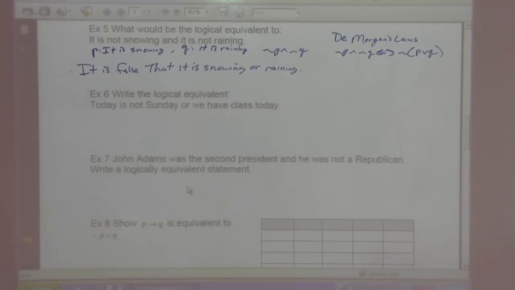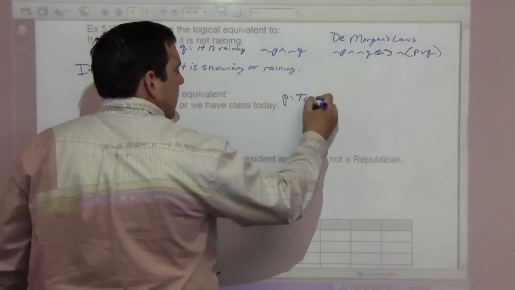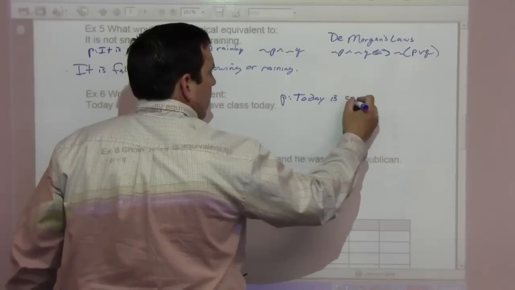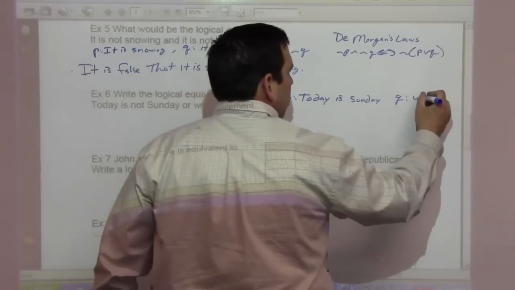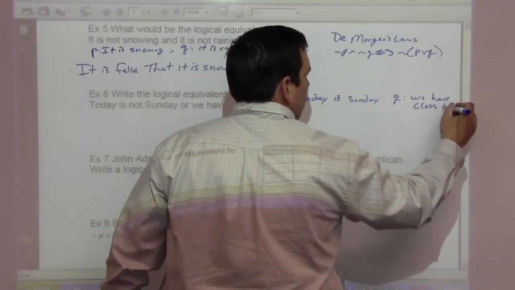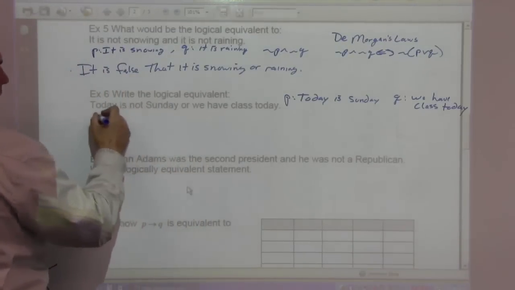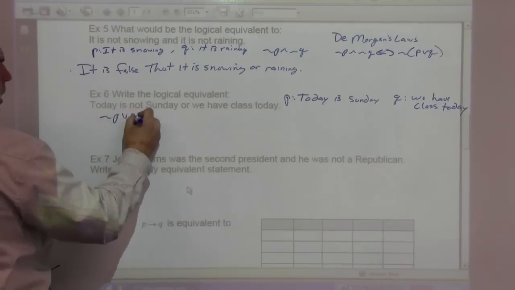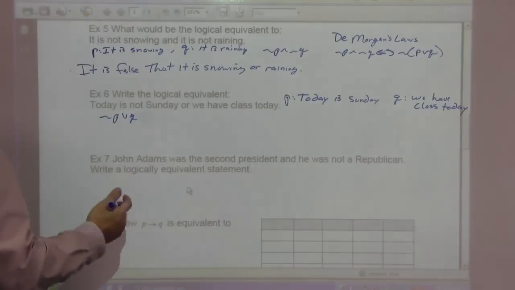Okay, example 6, write the logical equivalent. Today is not Sunday, or we have class today. So we see here, P would be today is Sunday, and Q would be we have class today. This statement is going to be today is not Sunday, so not P, or Q, because we have class as a positive.